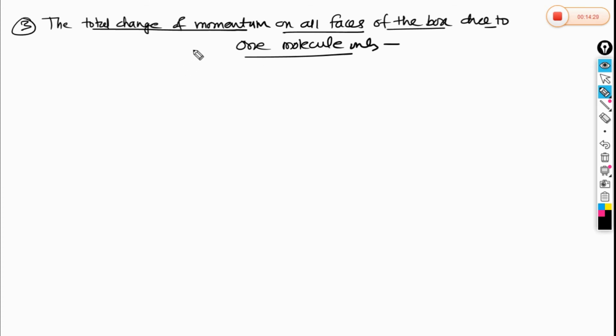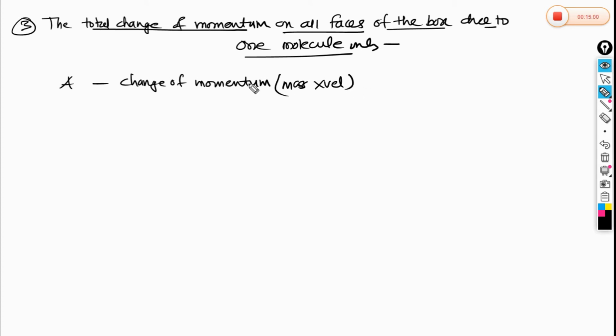So each impact of molecule on face A causes a change of momentum, that is mass into velocity.